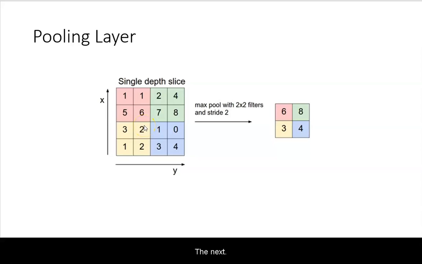The next important part of a convolutional neural network is the pooling operation. The function of pooling is to continuously reduce the dimensionality, which in turn reduces the number of parameters and the computations in the network.